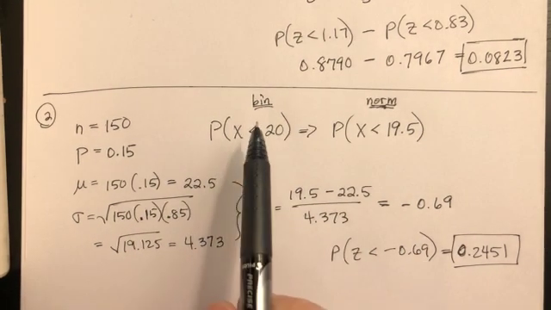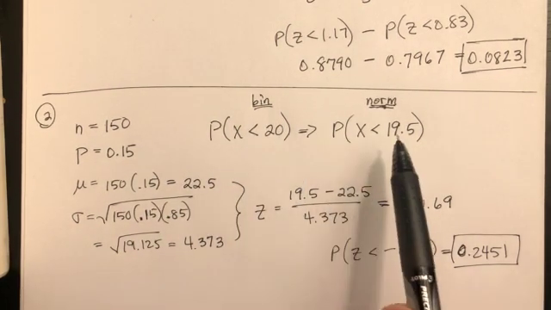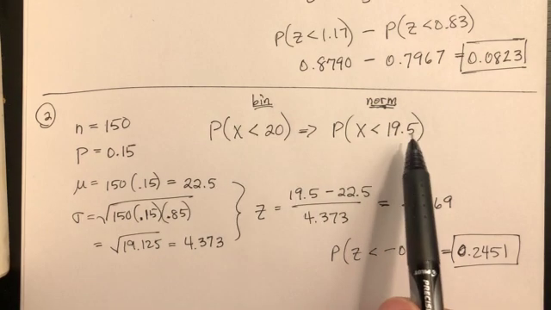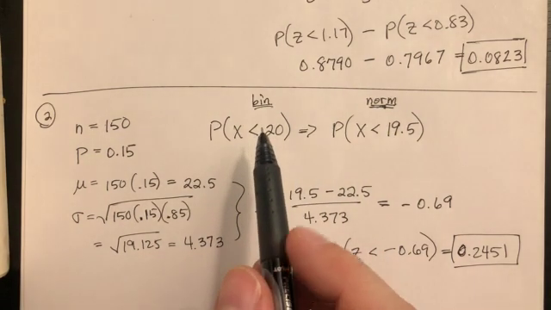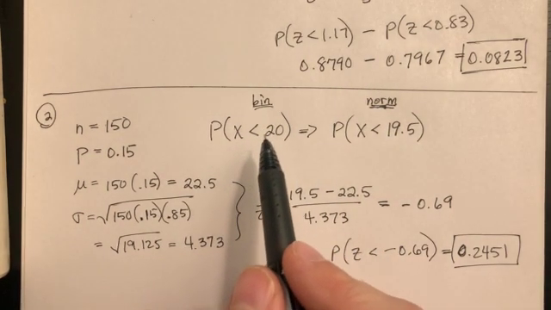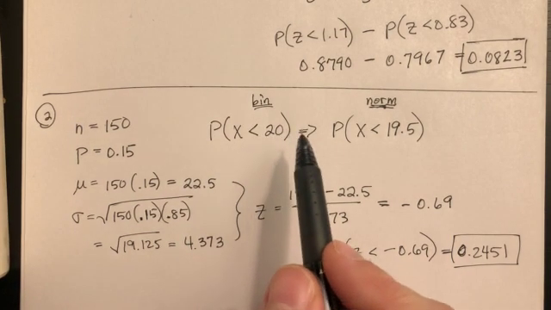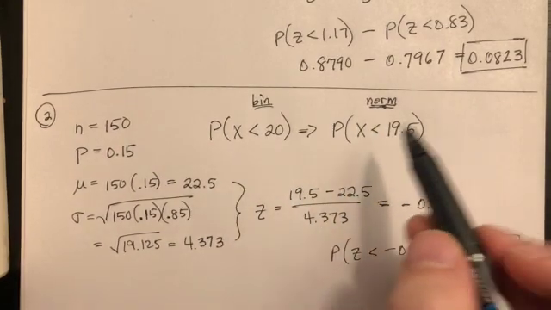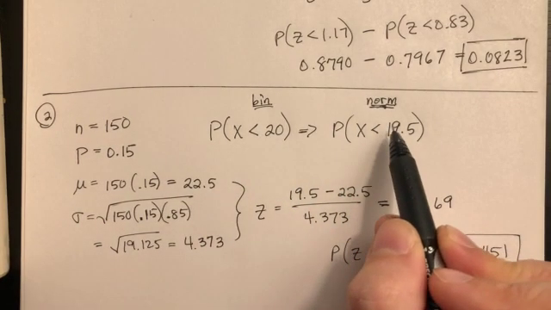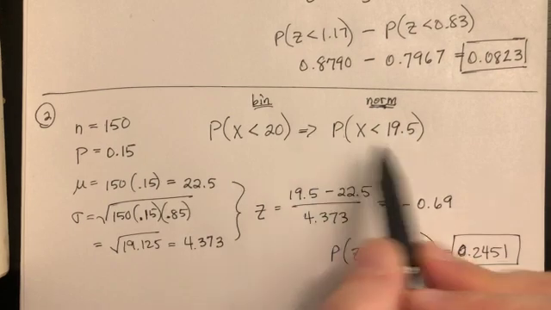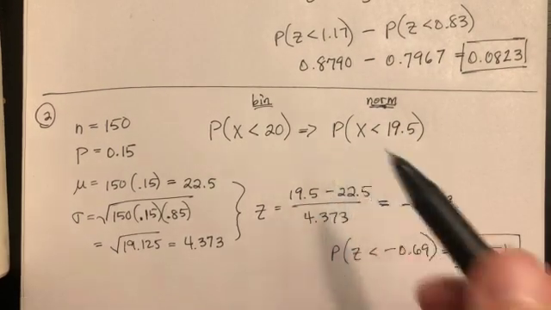So if it's fewer than, you don't want to actually include 20. That's why you subtract 0.5 from it. But if it said less than or equal to 20, if it says less than 20 inclusive of 20, or some English word like that, then we would say x is less than 20.5, because we want to include that number in our normal approximation.